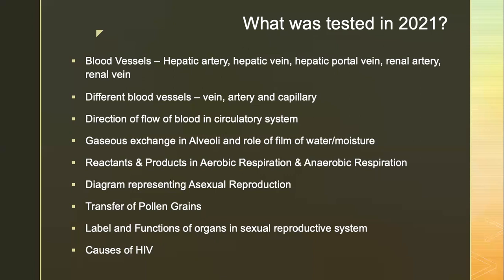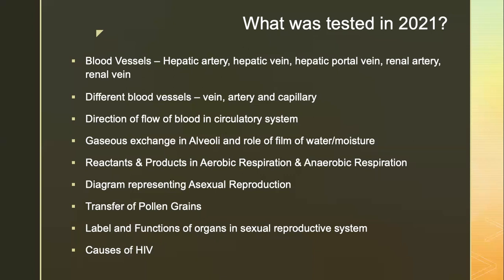Transfer of pollen grains was tested, where students need to know where the pollen grain is transported from to enter to the stigma. In the sexual reproduction system, students need to be very familiar with the labeled diagram. Where does each organ position at, and the functions of the organ.